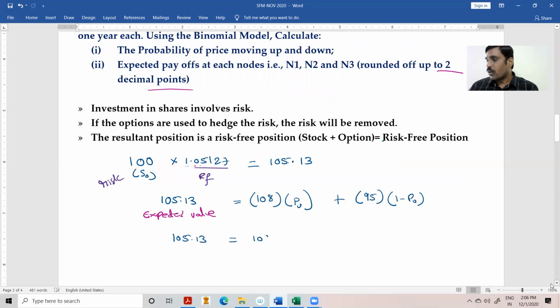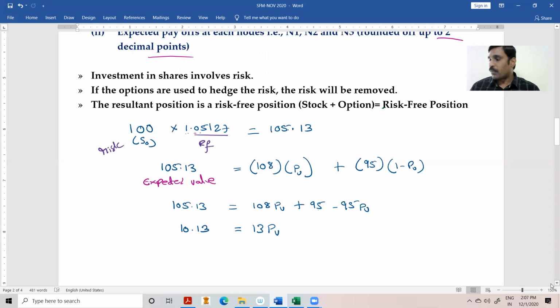So 105.13 is equal to 108 probability up plus 95 minus 95 probability up. That 95 will come here. 105.13 minus 95 will be 10.13. Here, 108 minus 95 will be 13, so 13 probability up.